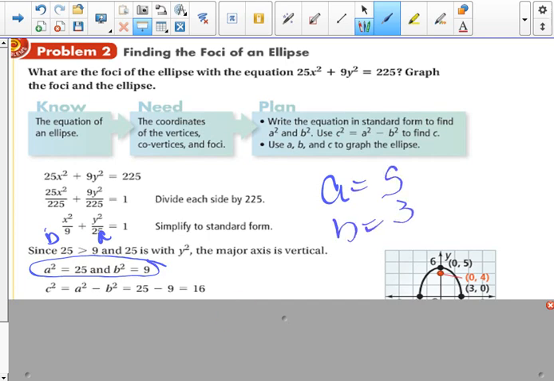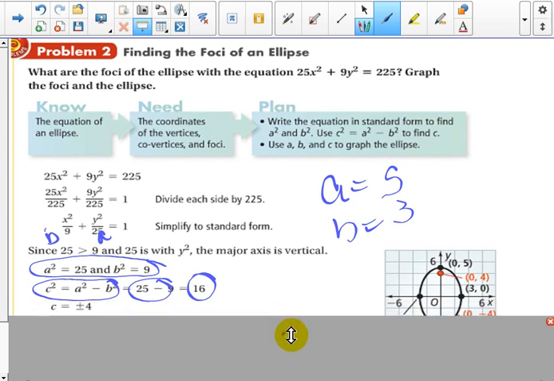And now we've got to get our c. c squared equals a squared minus b squared, which is 25 minus 9, which is 16. So c squared equals 16, so c is equal to plus or minus 4.